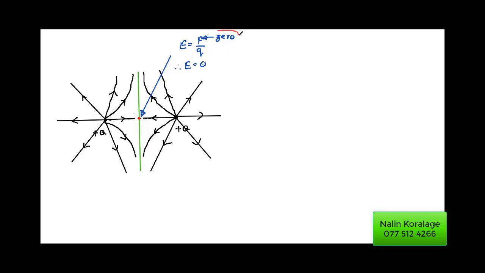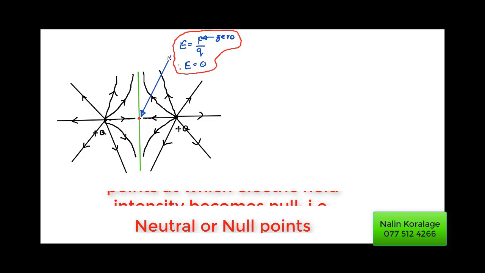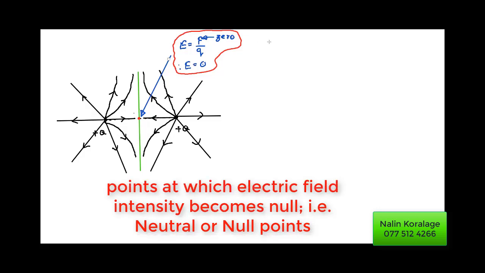Sometimes in these fields, something really important, sometimes we can find points in these electric fields in such a way that the electric field intensity has become 0.